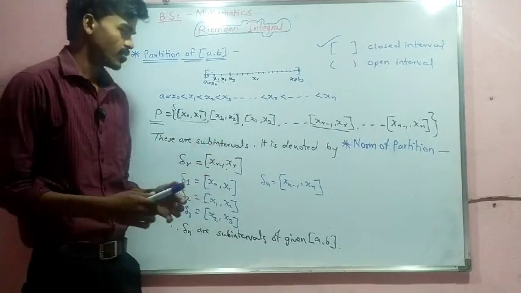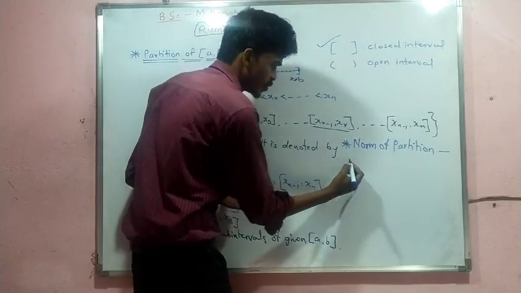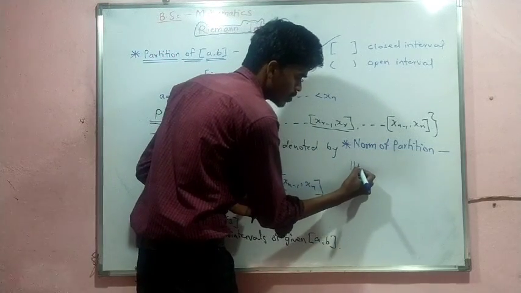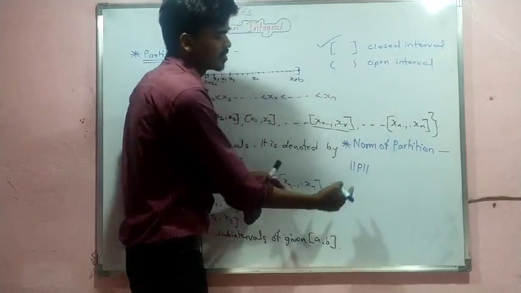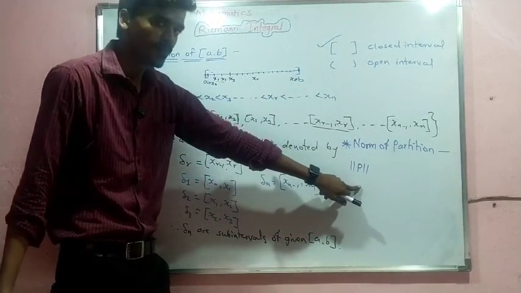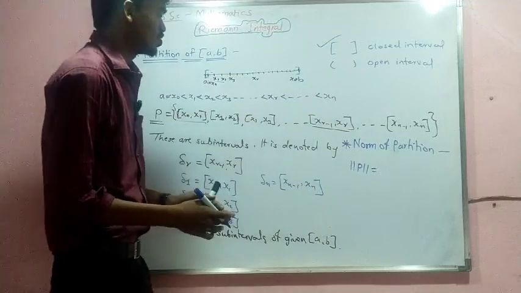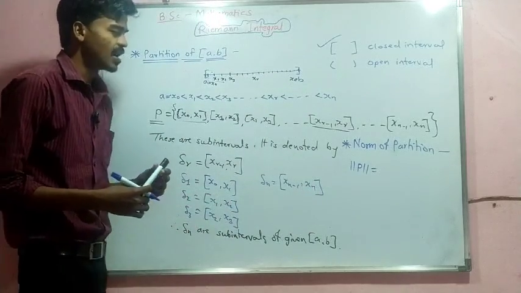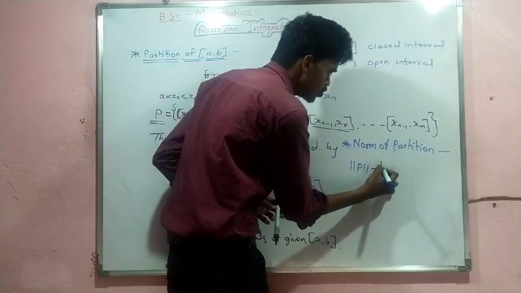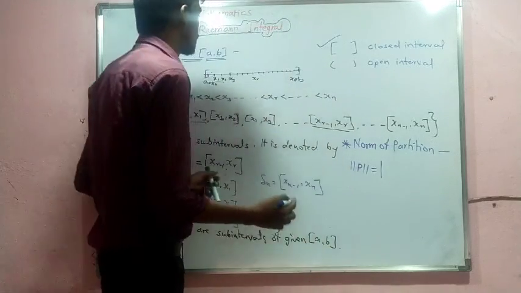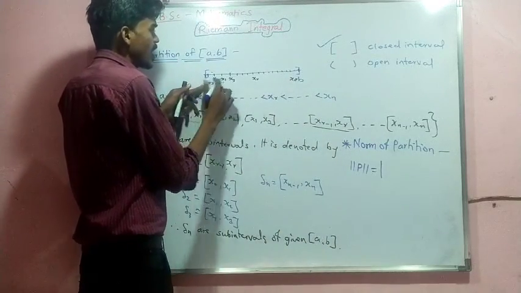It is denoted by norm P. Usually we define length using absolute value, the distance between a and b.